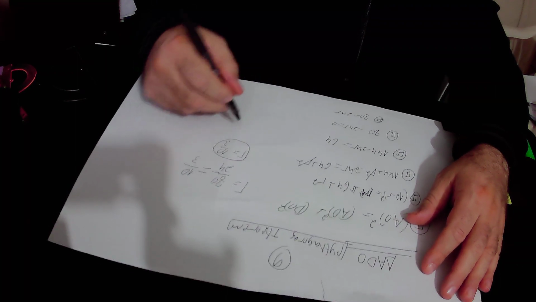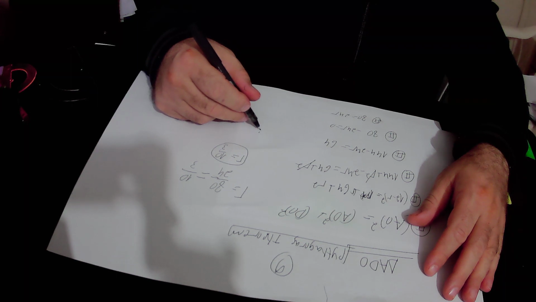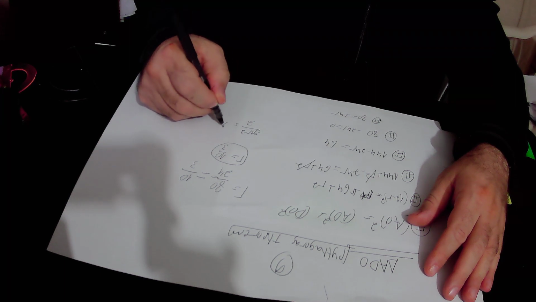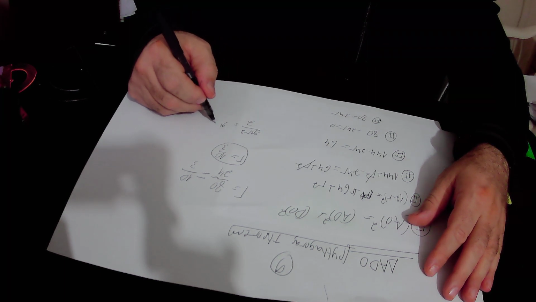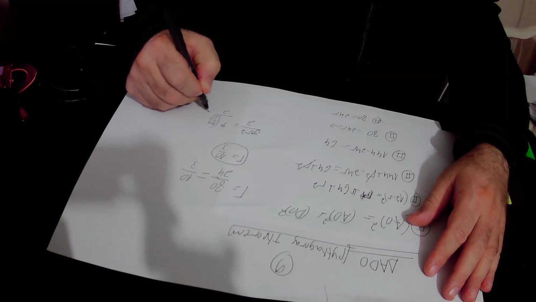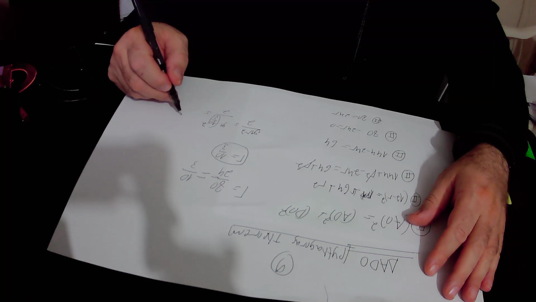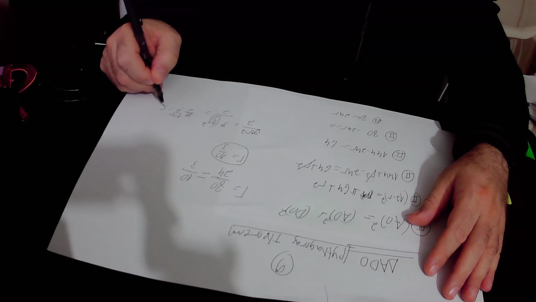So, the radius of the semicircle is 10 over 3, and the area of the semicircle is pi R squared over 2. That is actually pi times (10 over 3) squared over 2. 10 over 3 squared is 100 over 9, times pi over 2. 100 over 2 is 50, so 50 pi over 9.